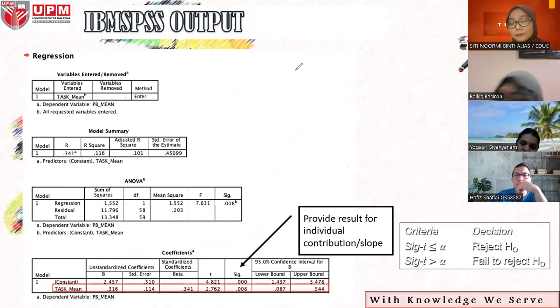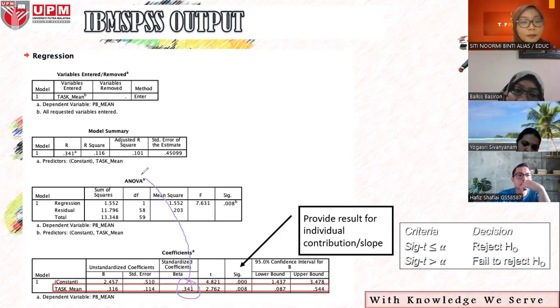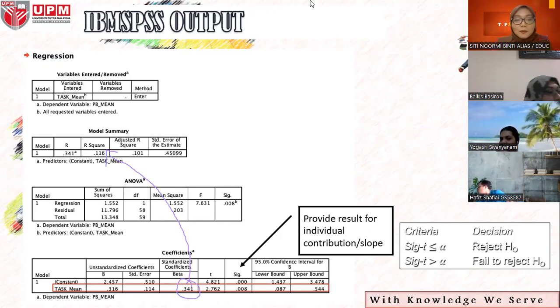Ada soalan? Kalau tak ada soalan, saya tanya. Why is this value different from R square? The way we interpret the R square is similar to the way we interpret the standardized coefficient beta. But why is the value different?